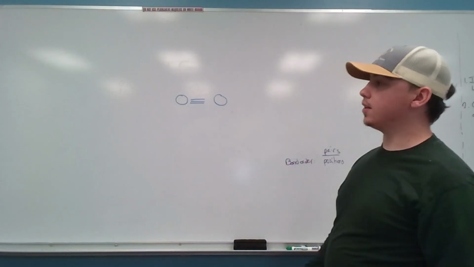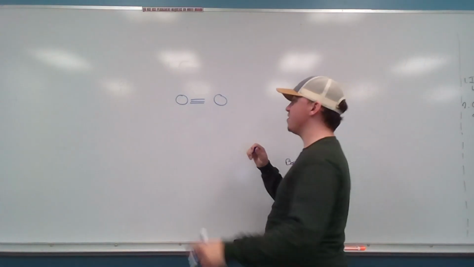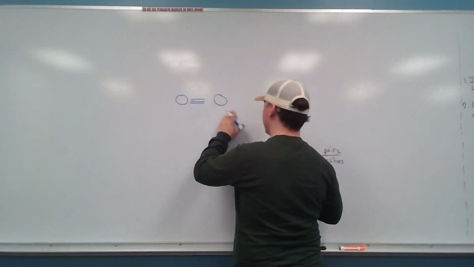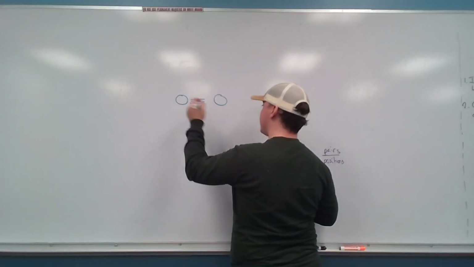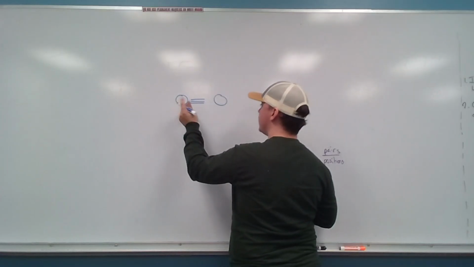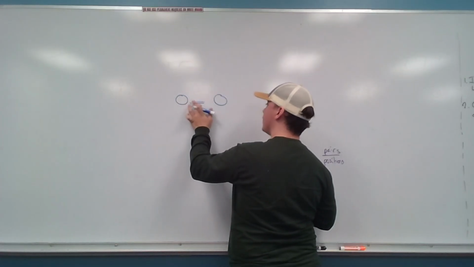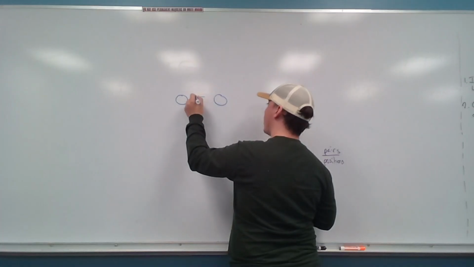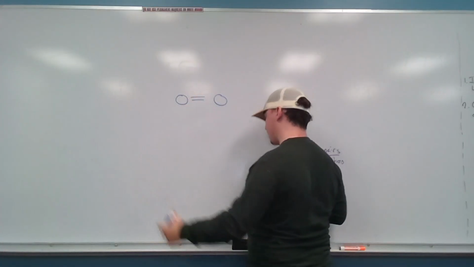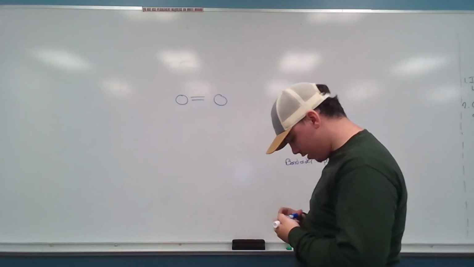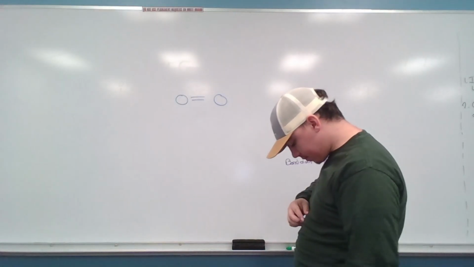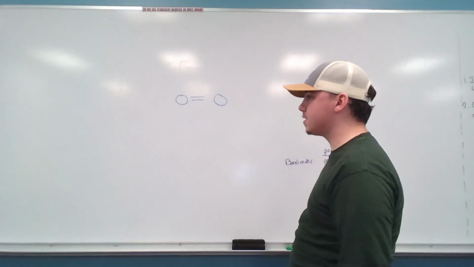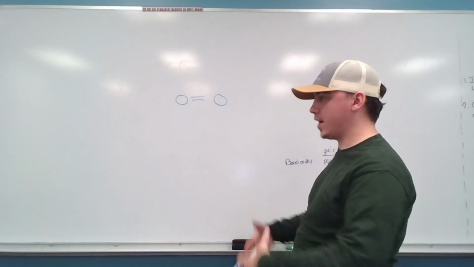But these bonds will have definitive lengths. We don't really get into the deep parts of that, but depending on how many bonds there are, like single bond or double bond, the length will be different. The general principle here is that the more bonds it has, that's the more attraction it has.